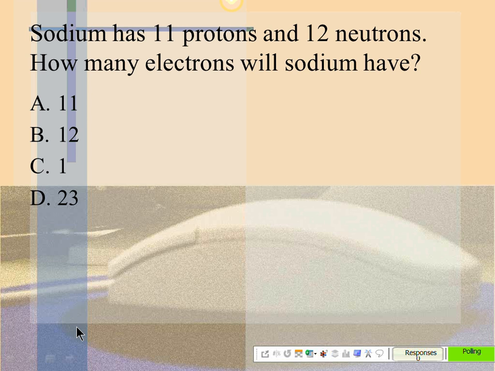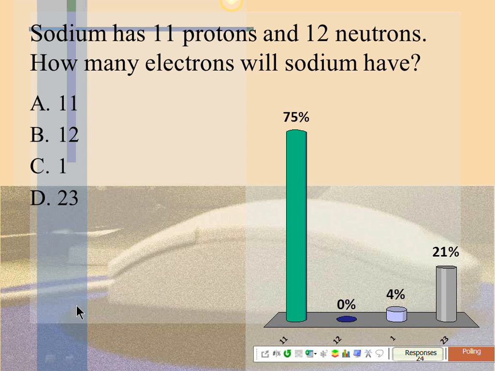So how about this one? Sodium has 11 protons and 12 neutrons. So how many electrons will sodium have? 11.